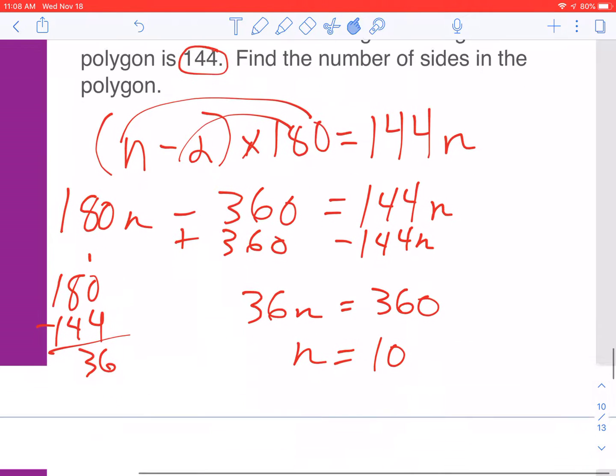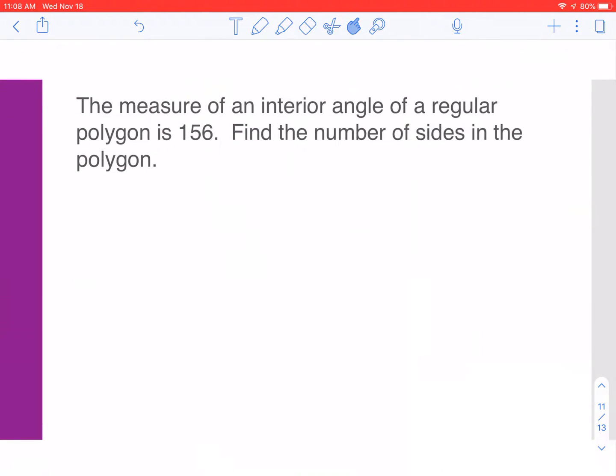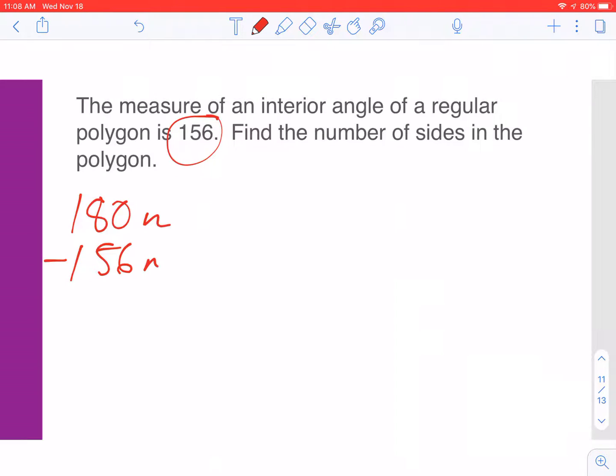So let's try it on another one. So our formula is 180n minus the angle we have there, 156n, and that will give us 24n, and that will equal 360.